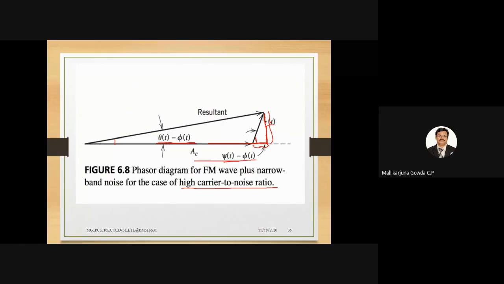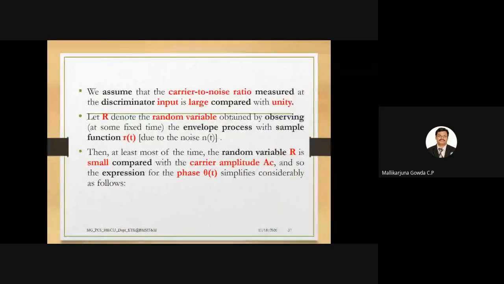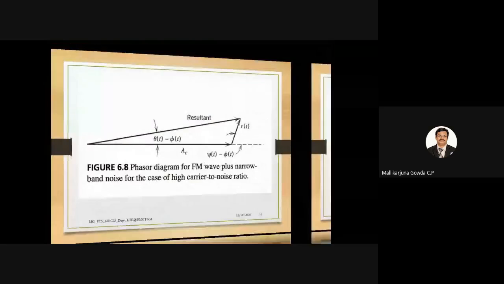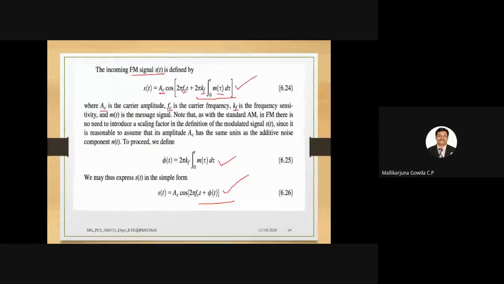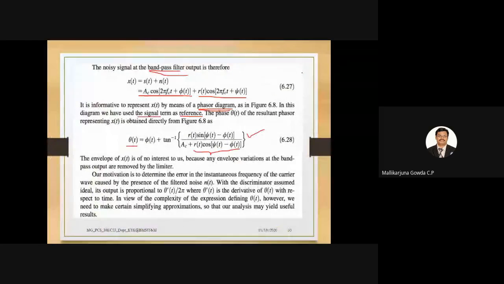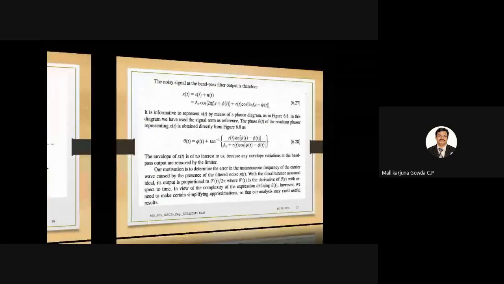Theta of t will be equal to phi of t plus tan inverse of the quadrature component divided by the in-phase component, that is R of t sine of psi of t minus phi of t divided by AC plus R of t cosine of psi of t minus phi of t. Is this clear? How do I write this theta of t?